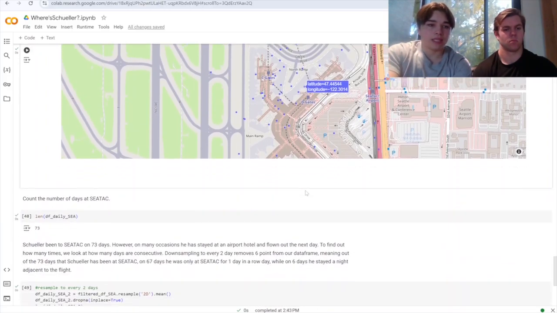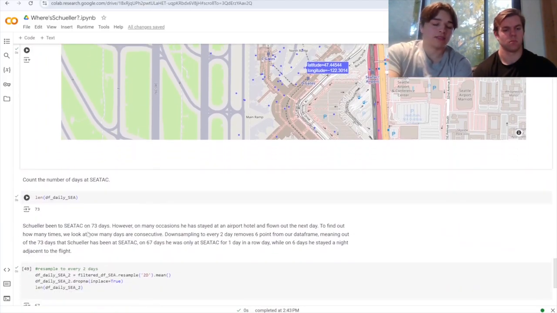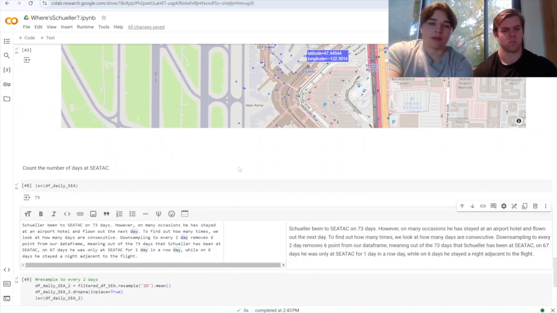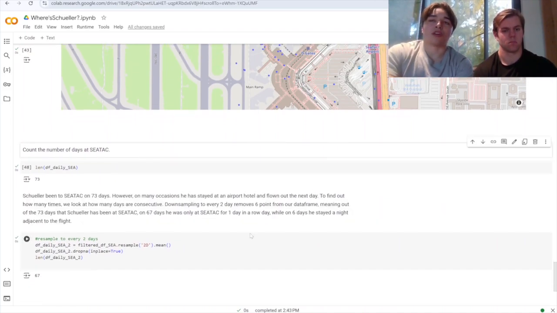Then we found the length of this data set, which is 73. So he has been to SeaTac on 73 days. However, we noticed that a decent amount of them were consecutive days, which is likely him staying at a hotel either before or after a flight.